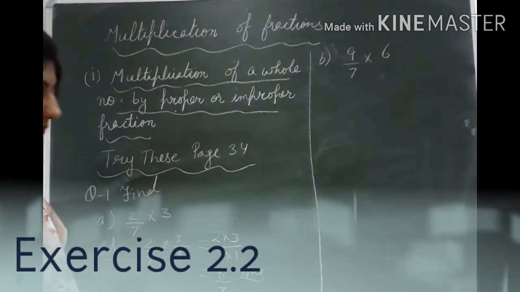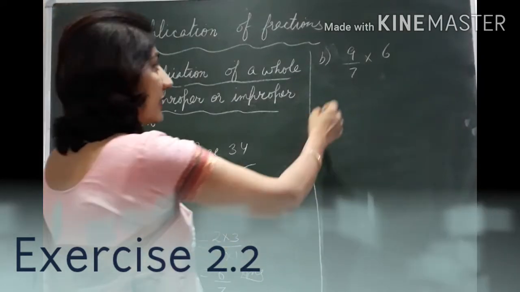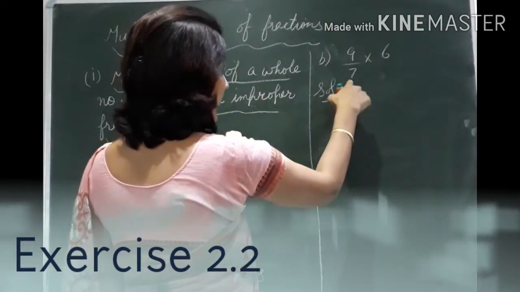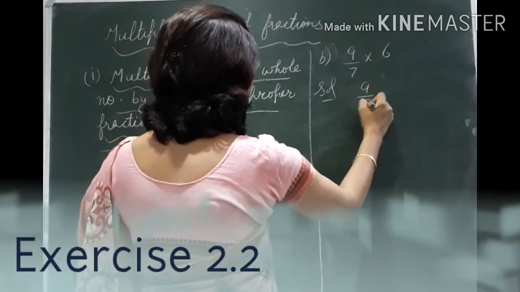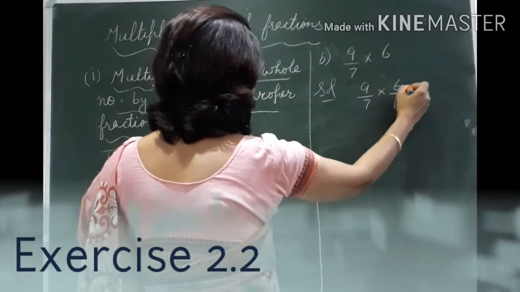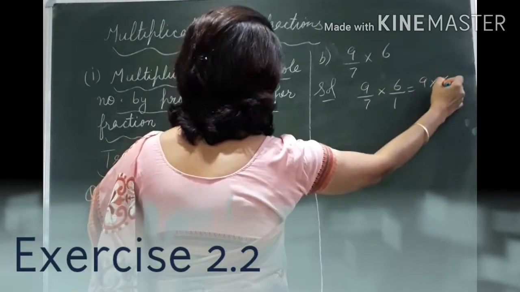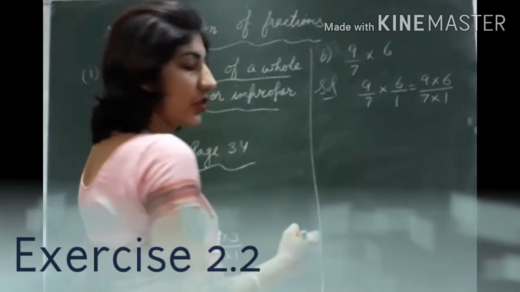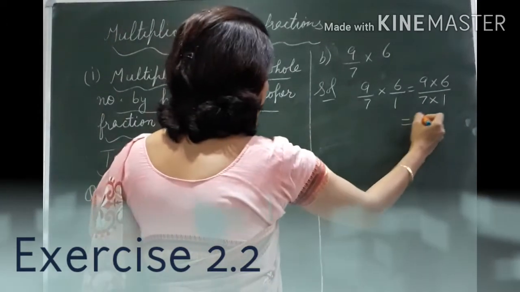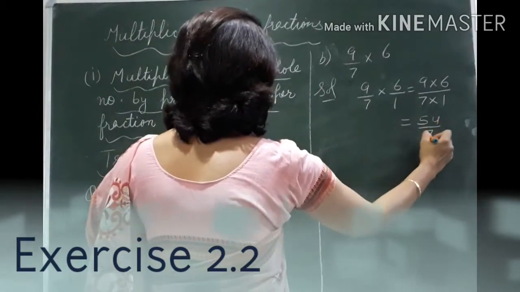So answer is 6/7. Second part is improper fraction, 9/7 multiplied by whole number 6. So 9/7 multiplied by 6/1. Numerator multiplied by numerator, 9 into 6, upon denominator multiplied by denominator, 7 into 1. 9 sixes are 54, 54/7.